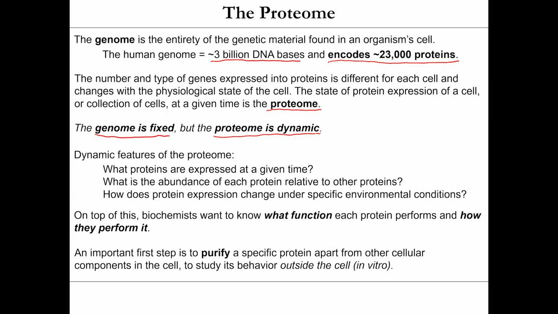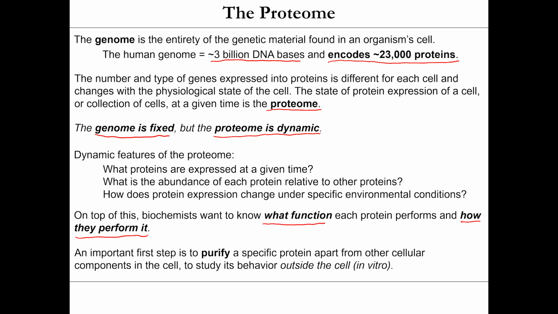So some dynamic features of the proteome are what proteins are expressed at a given time, what's the abundance of each protein relative to other proteins, so the relative gene expression, and how does protein expression change under specific environmental conditions. On top of this, biochemists also want to know what function each protein performs and how these proteins perform that specific function.